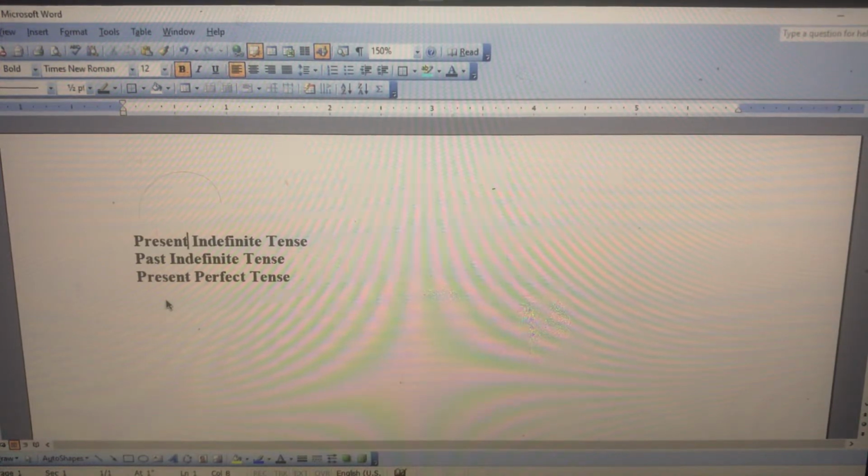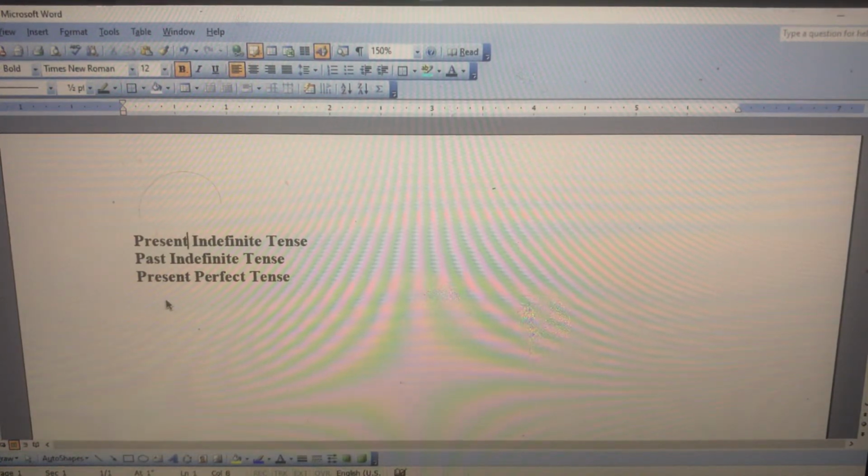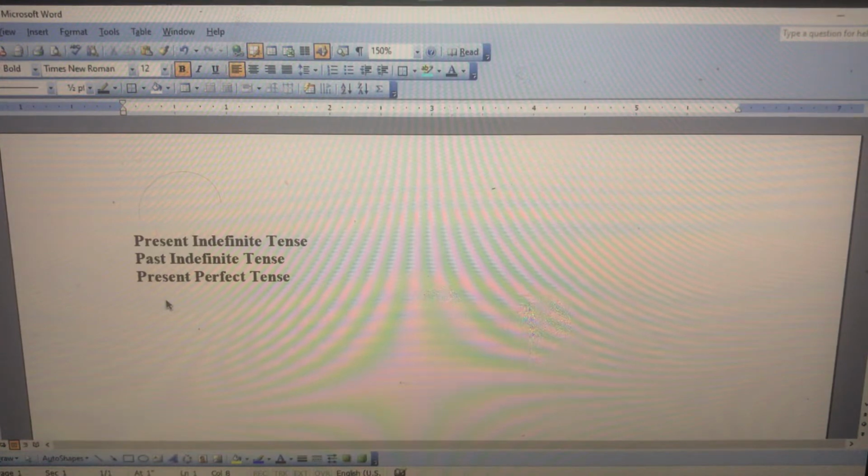As I told you yesterday, if a diagram is over time, you will have to use only one tense, past tense. Your full body paragraph will be in the past tense. But in a flowchart, in process writing, in map writing, you have these three options: present indefinite, past indefinite, and present perfect. For one stage, present indefinite. For the second stage, change your tense and jump to past indefinite.